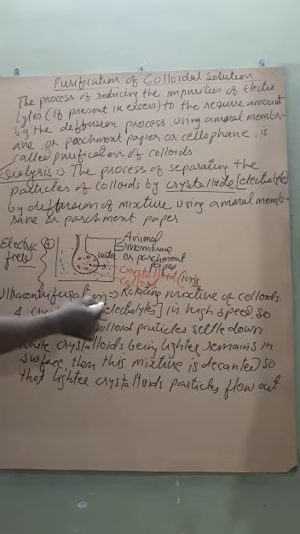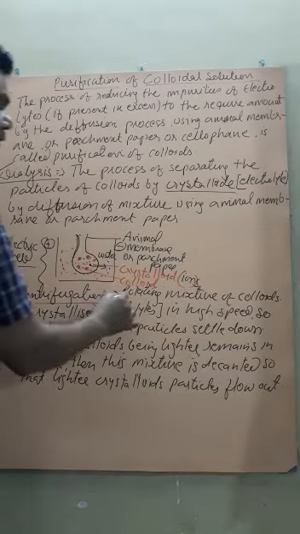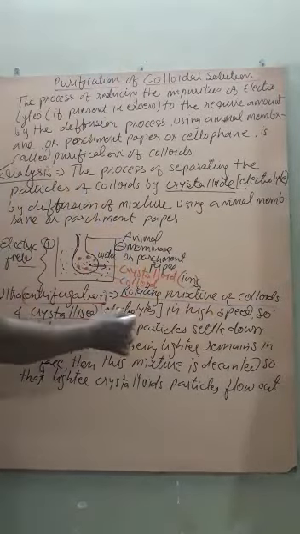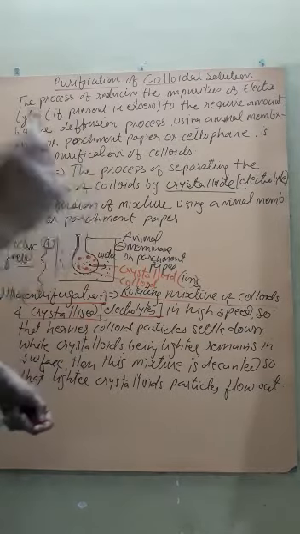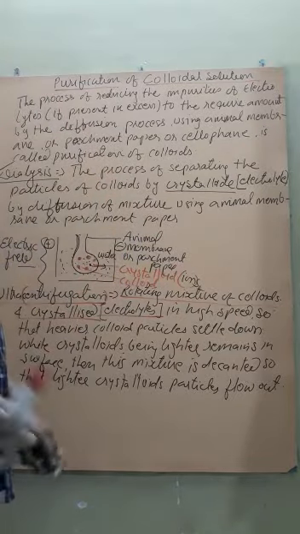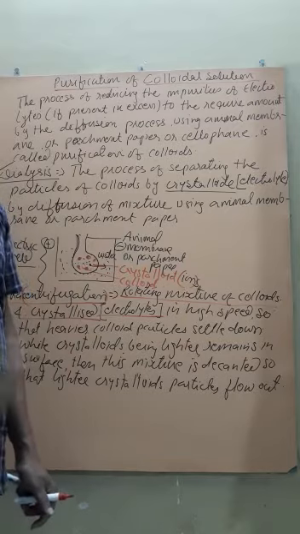One more purification process is known as centrifugation. Centrifugation means rotating the mixture of colloids and crystalloids, again crystalloid means electrolyte, at very high speed. The colloids are big particles, I told you their size is 1 nanometer to 1000 nanometer.